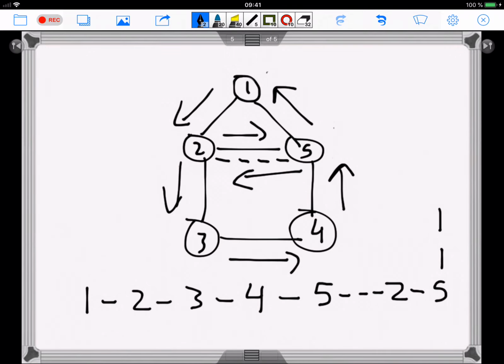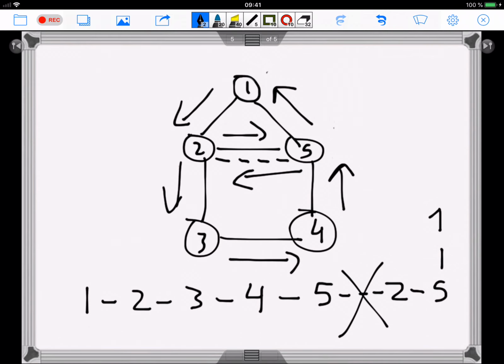Okay, so with this we have the cycle with the fake edge that we have included. Okay, and now we have to remove this edge in order to get the actual path. Okay, we cannot use this fake edge.